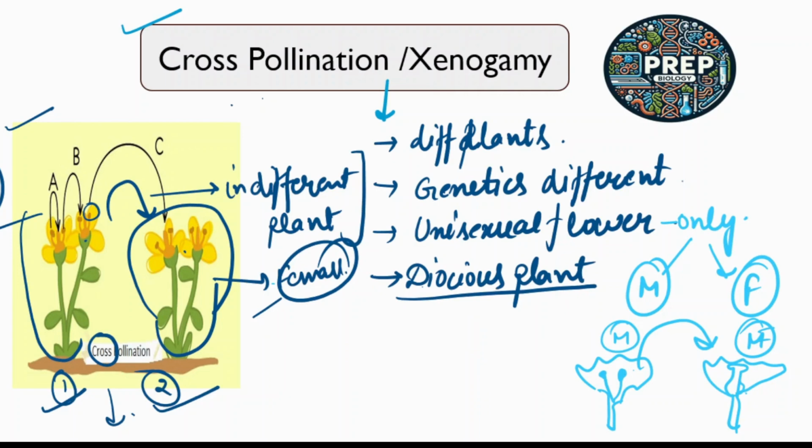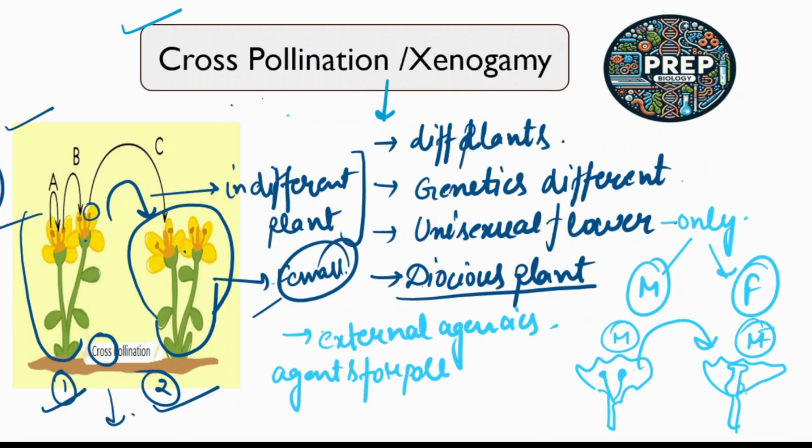And the last point of cross pollination or xenogamy is that it requires external agencies or agents for pollination. Okay, so the transfer of pollen grains occurs between different plants.